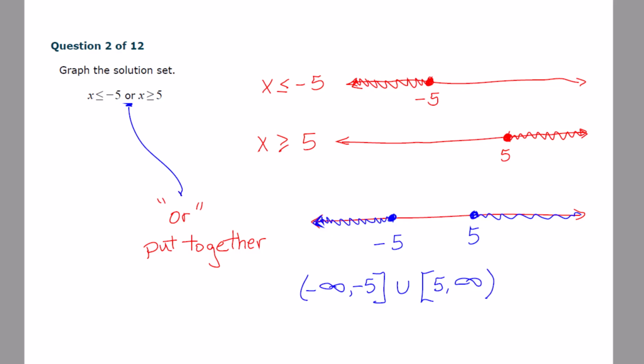The OR stands for union. And what that means is put everything together. So I grab the stuff on the left. I grab all that stuff. It's all together. This stuff on the left is minus infinity to minus 5 with a bracket. This stuff is 5 to infinity with a bracket. Remember, infinities always get parentheses.